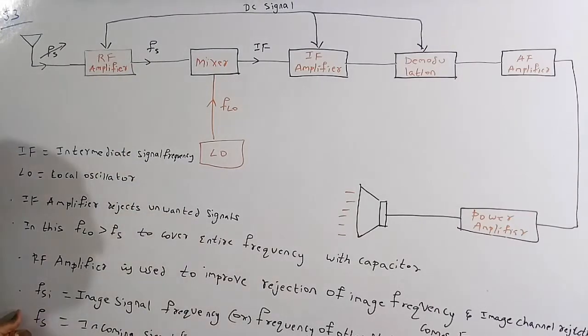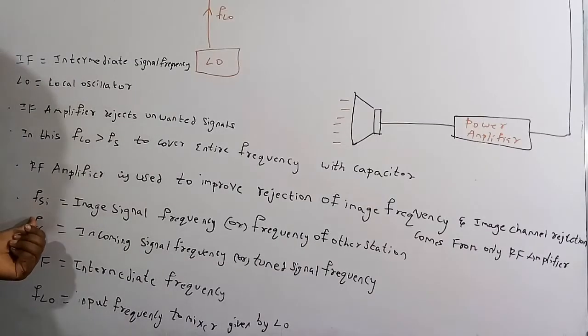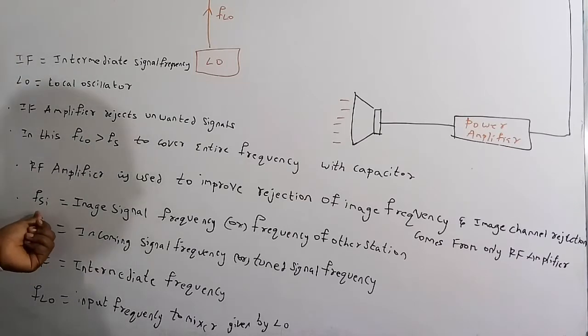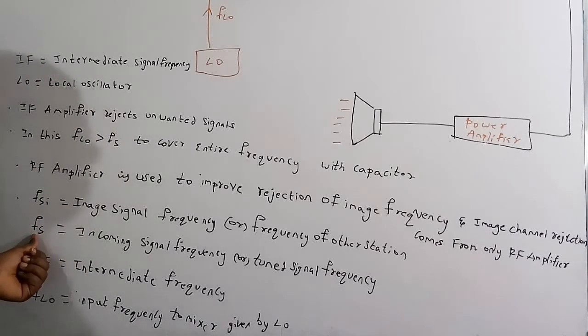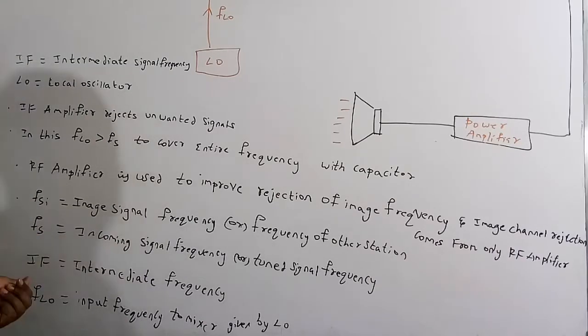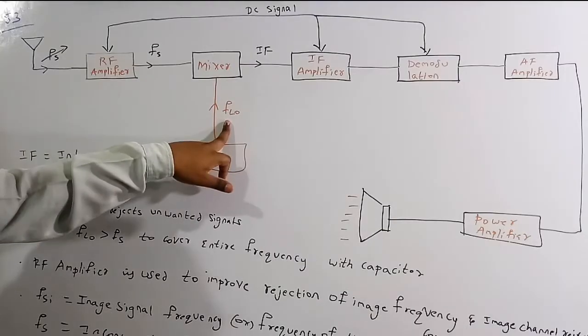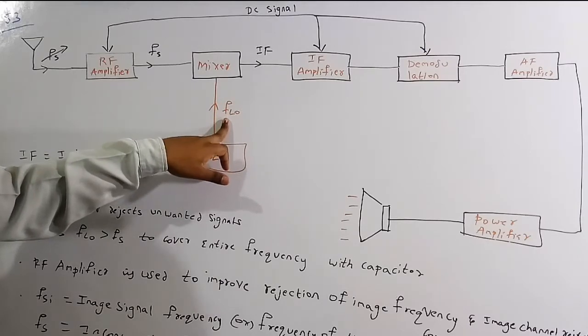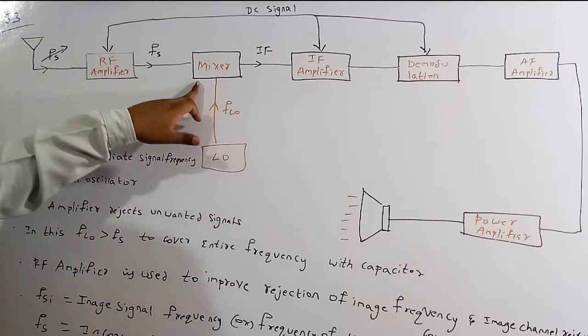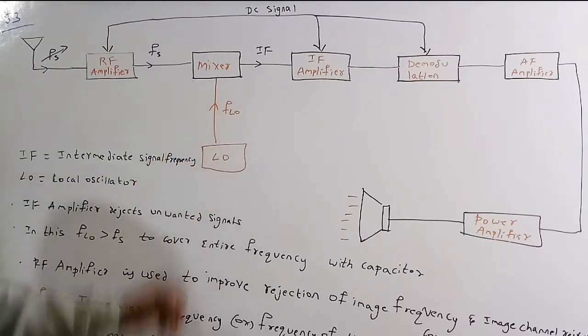Basically we have also studied that FSI is called the image signal frequency, or the frequency of the other station, and Fs is called the incoming signal frequency or the tuned signal frequency. IF is the intermediate frequency, and FLO is the local oscillator frequency, the input frequency given to the mixer by the local oscillator.